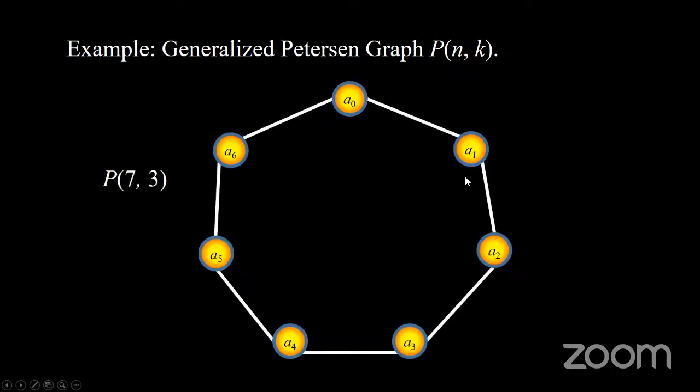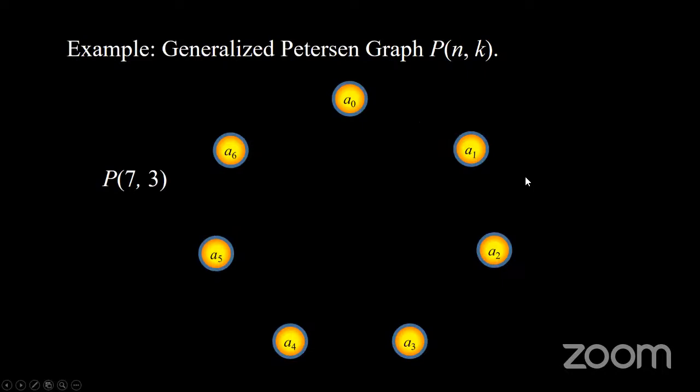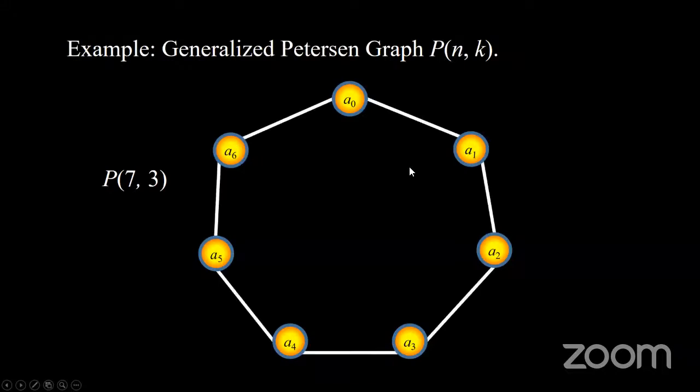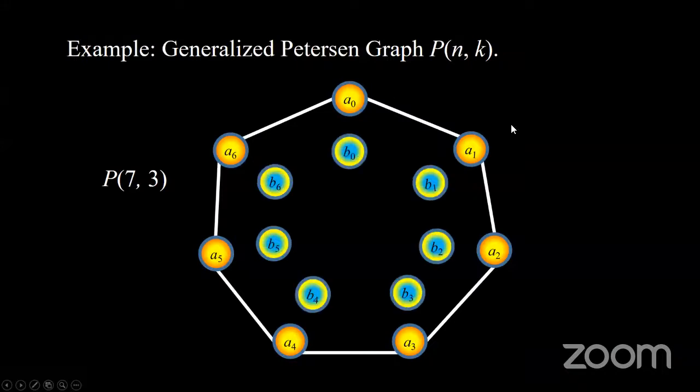And P(7,3): there are 7 vertices outside, and that's a cycle. Then another 7 inside. Each outside vertex is joined to the inside vertex like this. Now you have to count 3.